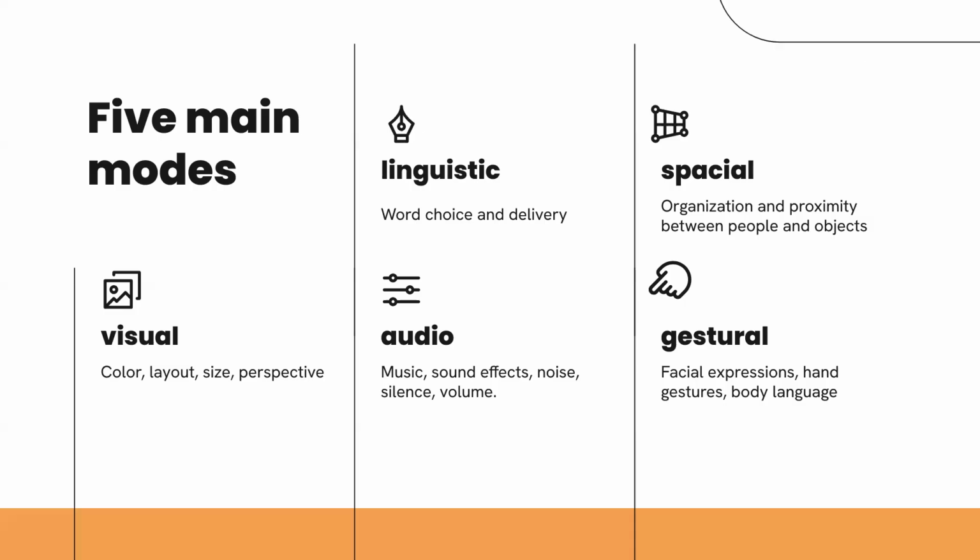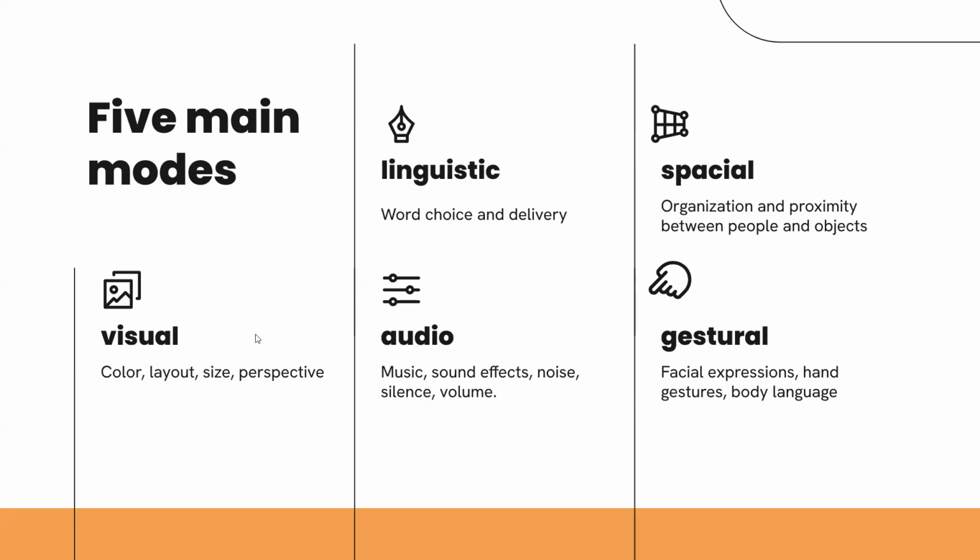So spatial information is also something that can be read. The organization of things and where things are between people, between objects, and between people and objects. That's spatial information. In both Elizabeth movies, the spatial mode is used very well to indicate power, for example.